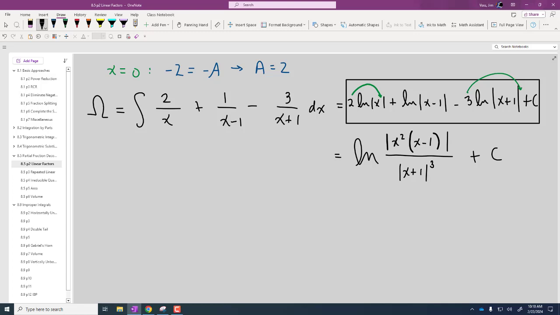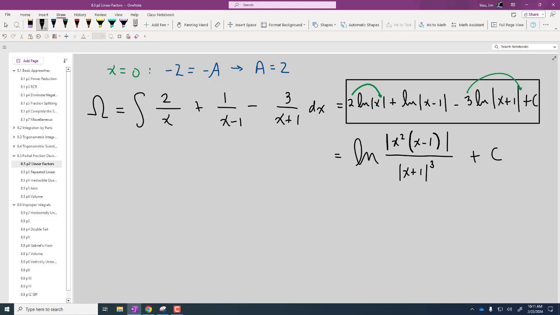It's turning into one log because log of A minus log of B turns into one log. We have log of A minus log of B. That's going to be log of A over B. Yeah, it's turning into one log, not two logs. One log's enough. Yeah, thank you for pointing that out. So the x squared, if we wanted, we could just move these absolute values just onto the x minus 1, because that's non-negative.